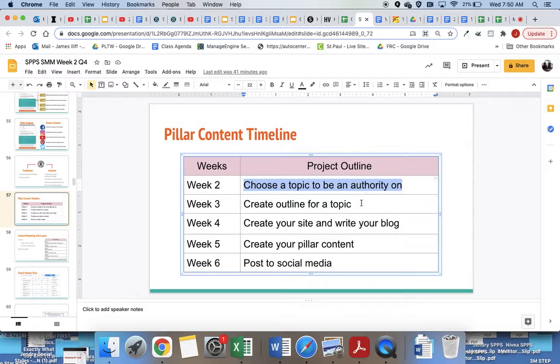Next week, you're gonna create an outline for your blog, and then week 4, you're gonna create a website and then write your blog. And then week 5, this should say create your cluster.